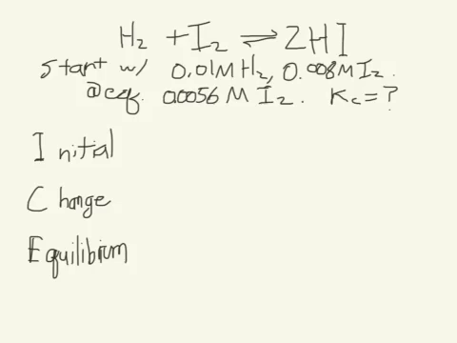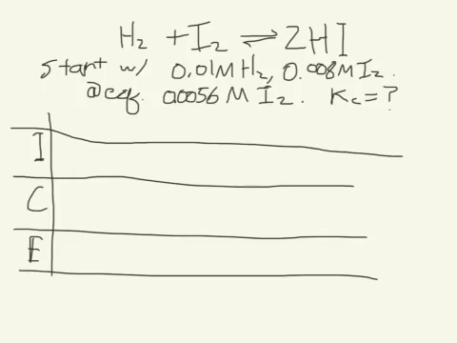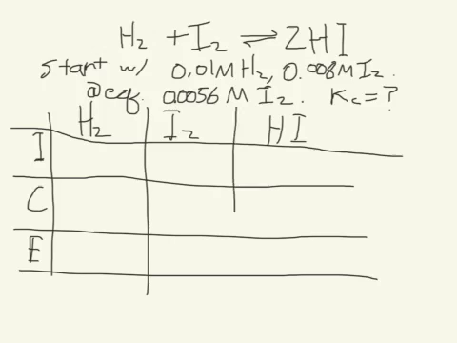And those three are going to be the rows of our table. The columns are going to be the three species involved in our reaction. We have our reactants H2 and I2 and our product HI. And what we really want to figure out is the E row, because once we know our equilibrium concentrations, we can calculate Kc.